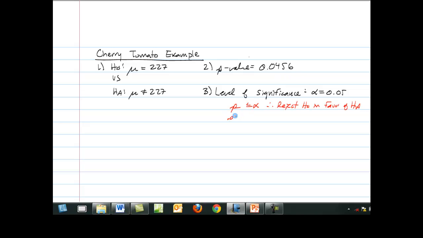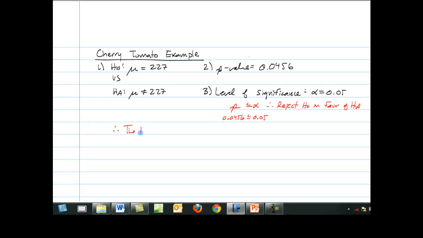So 0.0456 is less than or equal to alpha of 0.05. So I would reject H0 in favor of HA, my alternative hypothesis. So I have evidence to support the alternative hypothesis. We have evidence to support that the true average is not 227 grams. So the results are statistically significant at the 5% level.